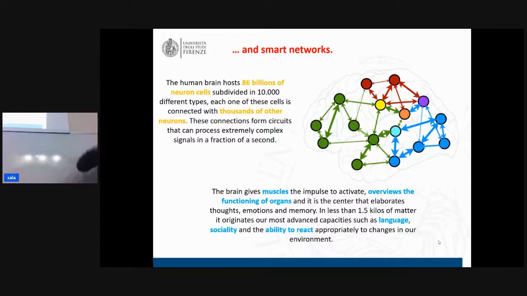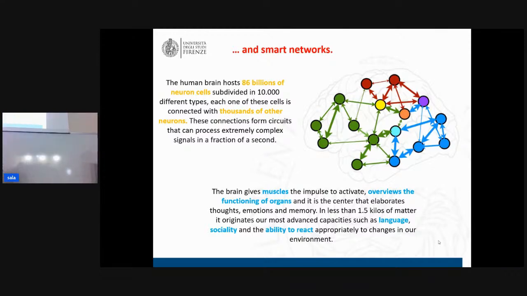These electrical pulses, which we can measure using, I don't know, MRI, whatever technology we want, travel in this very complex network, and they give rise to all the functions that we need to be humans, from living, coordinating organs, breathing, the heart pumping, to the more sophisticated ones, like thoughts, like abstraction, etc.